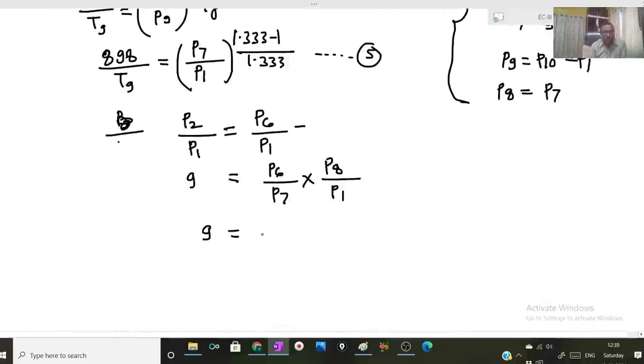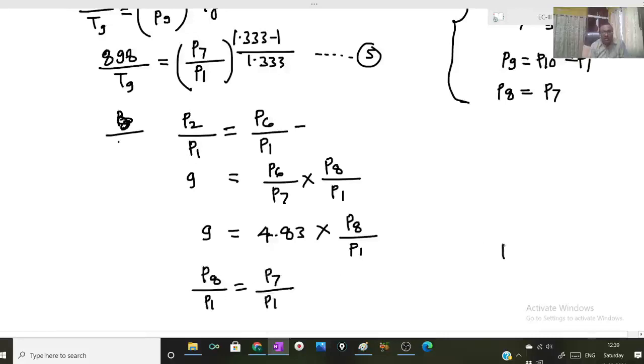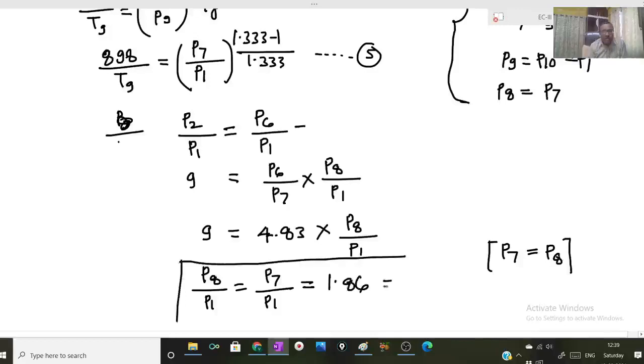So it will be 4.83 into P8 by P1 or P7 by P1, because process 7 to 8 is isobaric process. There is no pressure loss, and from this the value comes out 1.86. And what is this? This is pressure ratio in low pressure turbine.